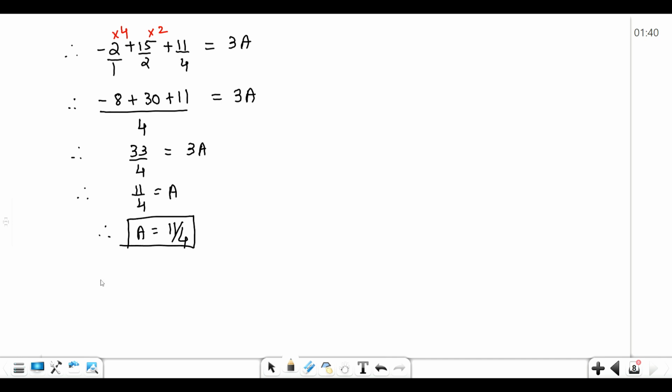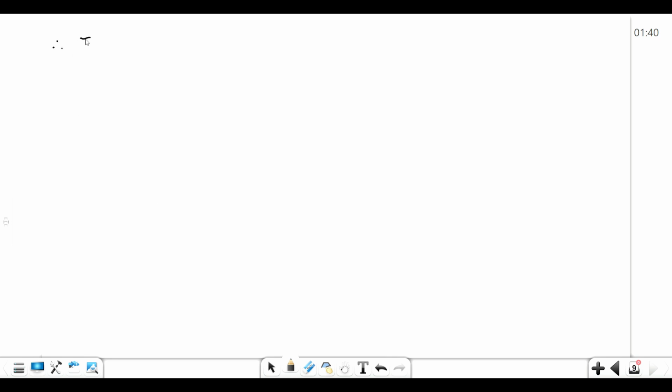Okay, so now we'll write I. I is equal to a times, which is 11 by 4 upon x plus 1, and the value of b is minus 5 upon 2 upon x plus 1 the whole square, and the value of c is minus 11 upon 4 upon x plus 3.